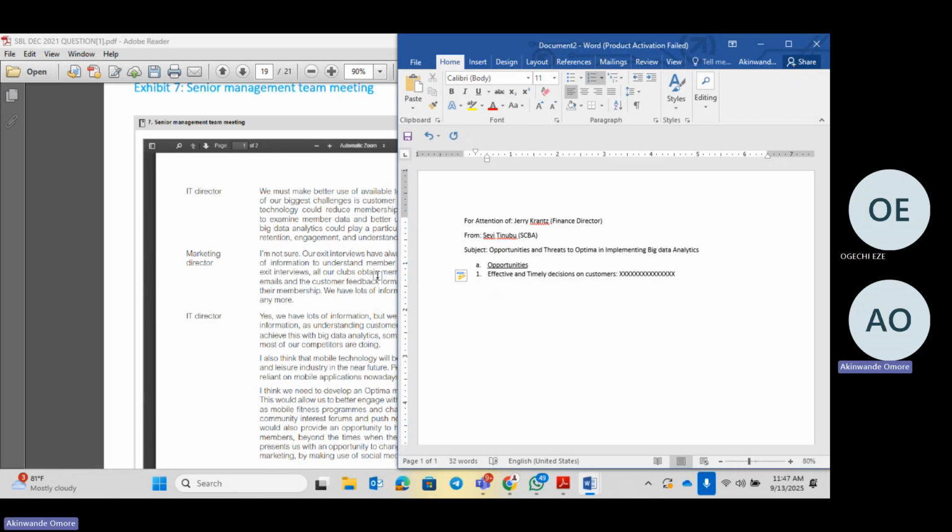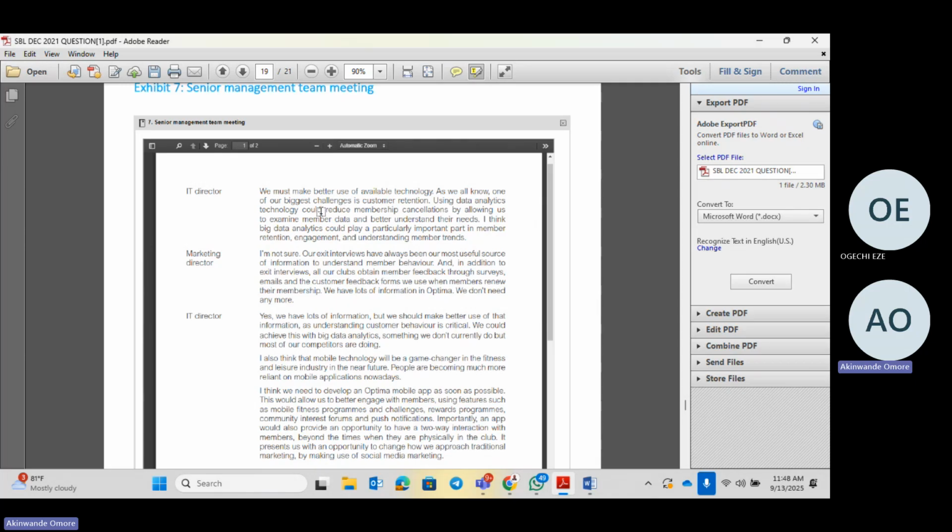From what he's saying, what I can pick is that in the past, the way decisions were made about customers is not okay. You talk about customer retention and also data. What will data analytics assist? In our class on data and analytics, it will help us in the area of trend analysis. This customer that has been coming or that has not been coming, why is he not coming?